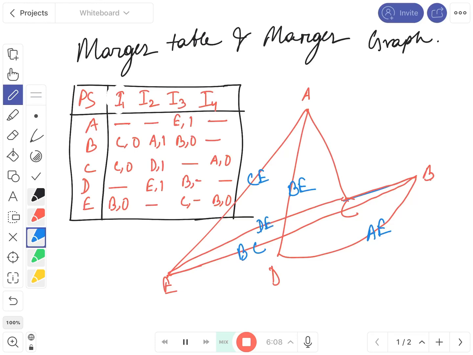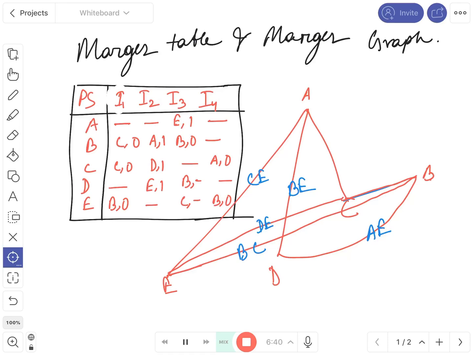Okay, next is CE. For CE, I1 outputs are same and implied state is BC. I2 outputs are same, I3 outputs are same, and I4 outputs are same and implied state is AB. Now AB doesn't have any compatibility, because between A and B there is no straight line present. So what can I do?